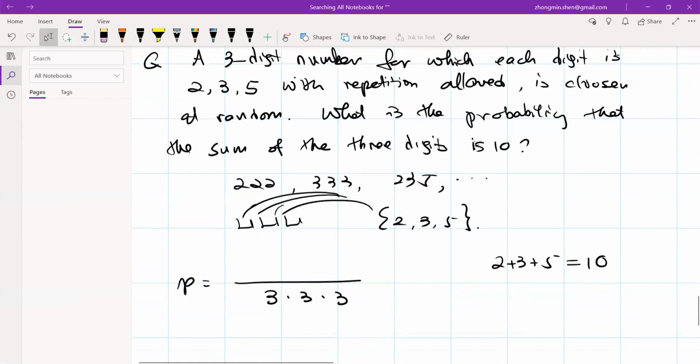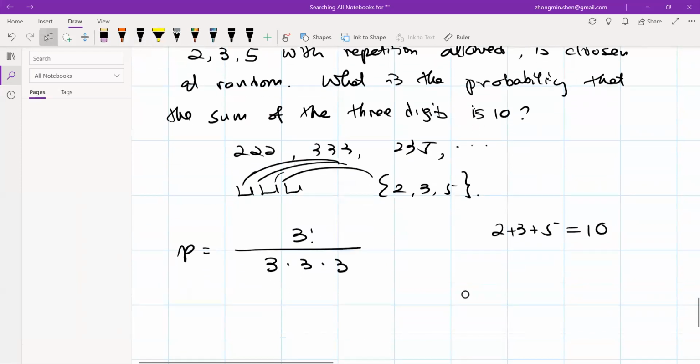And 5, 5 makes 10, but another digit must be non-zero. So you only have 3-digit numbers consisting of the 3 digits. How many permutations are there? 3 factorial permutations. So the answer will be 2/9, after you simplify it.